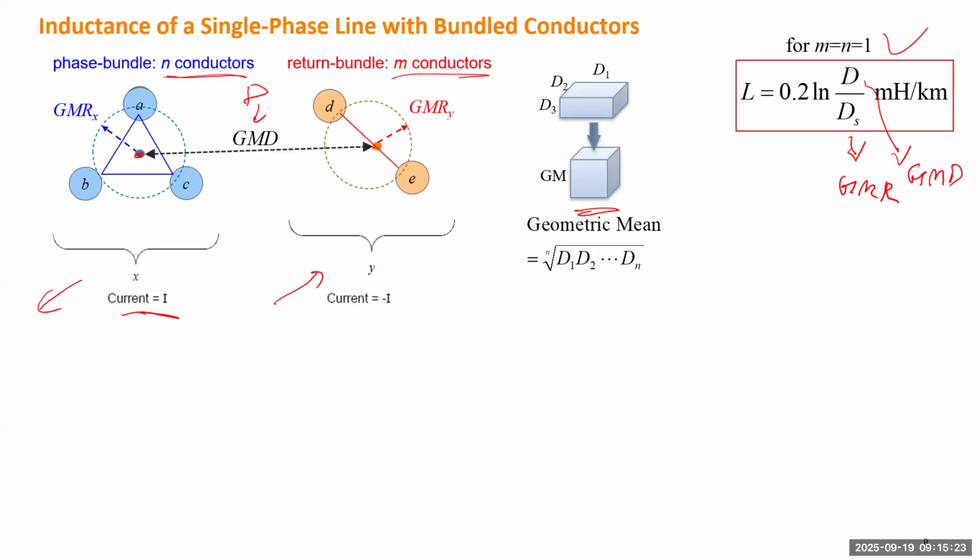To calculate the volume of this cube, we multiply all the dimensions, the lengths of all dimensions, then we calculate the geometric mean. This gives you the equivalent length of each dimension, which is like an average of the length in each dimension. We can use the same idea to calculate GMD and GMR.